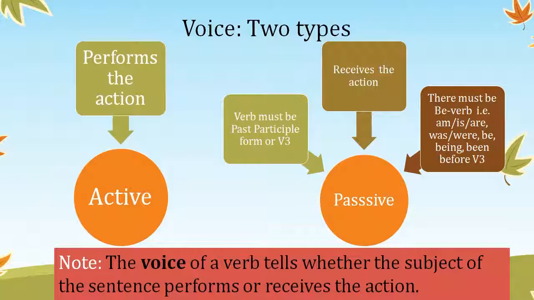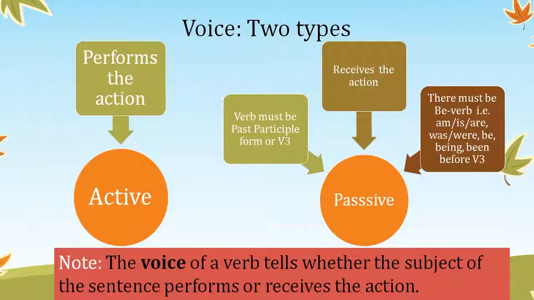What is the action going on here? Teach. And who is doing this work? Hari. That subject is doing the work; performs the action means doing the work. That is called what? Active voice. If the subject performs the action, that is called active voice. You should not forget that.